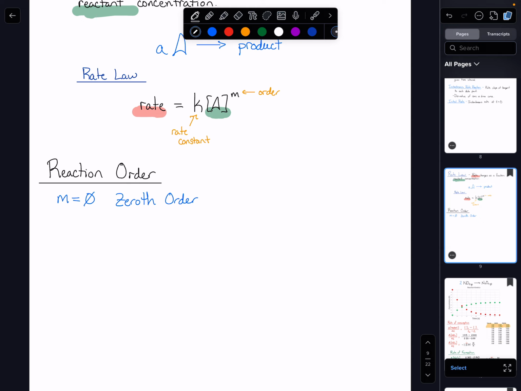Okay, so let's take this rate law and plug in that value for m. We have our rate equal to some constant k times the concentration of A, and now we plug in our order, our value here of 0.